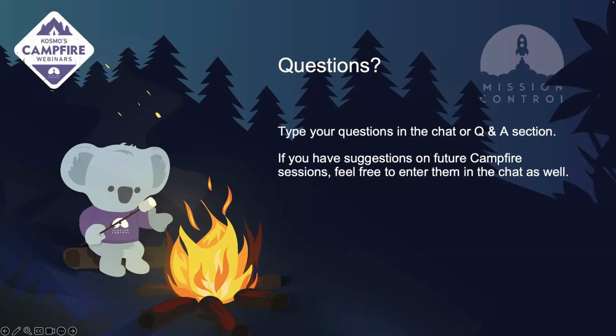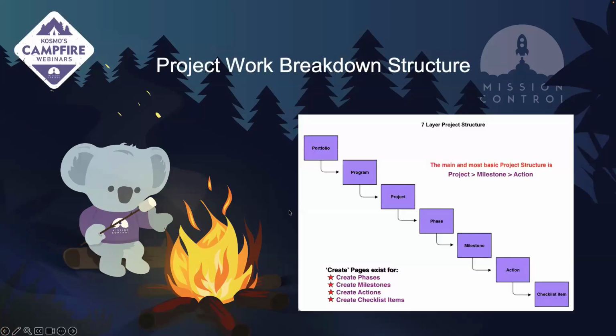Thank you so much for entering our short quiz at the end of our Cosmo Campfire. I hope that was helpful. Just so that you see, I'm going to go back a couple pages. We do have our work breakdown structure: we have our portfolios to start us off, then program, project, phase, milestone, action, and then checklist items.